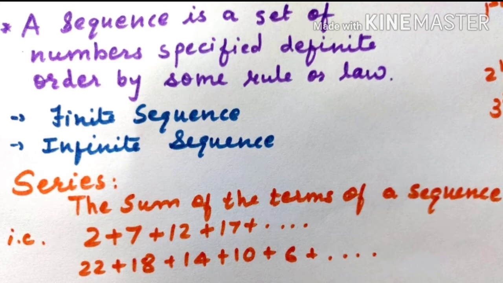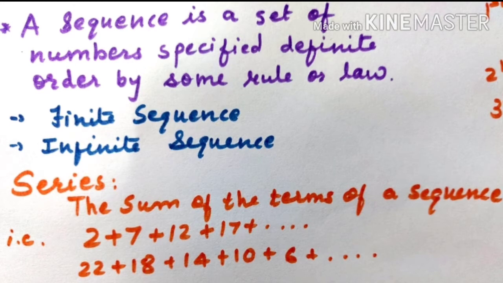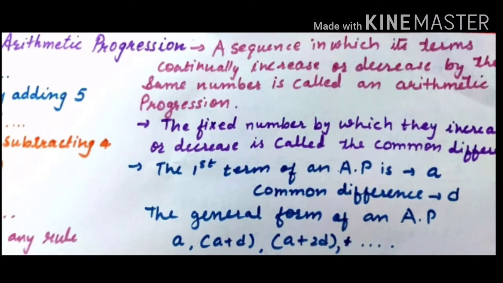If we add the terms of a sequence like 2, 7, 12, 17, so we write 2 plus 7 plus 12 plus 17, or 22 plus 18 plus 14 plus 10, then we say this makes a series. So we have learned two terms here, sequence and series. Now we learn what is arithmetic progression.